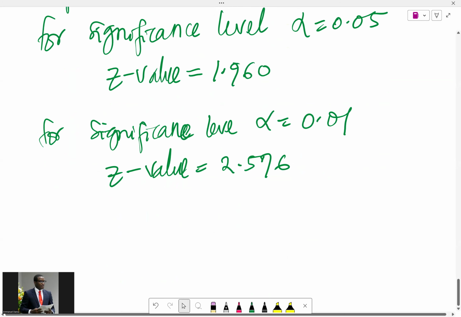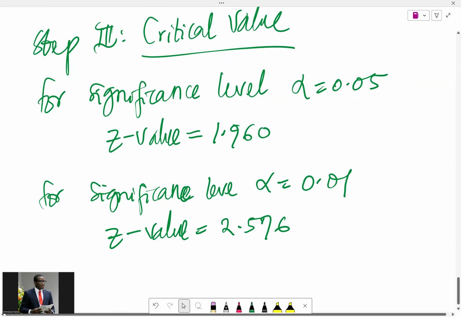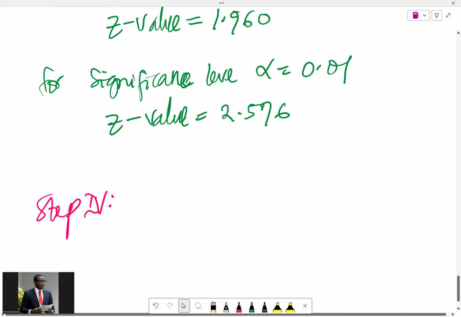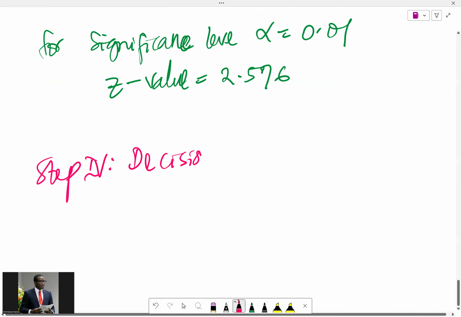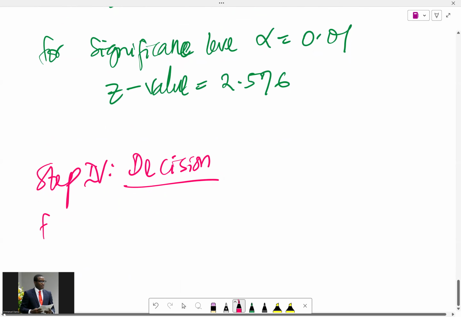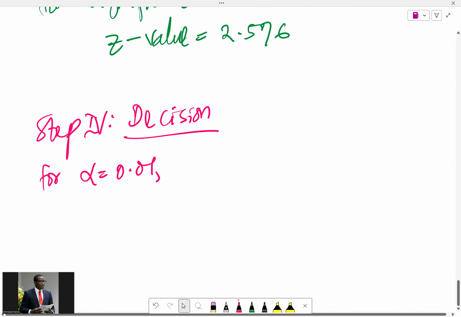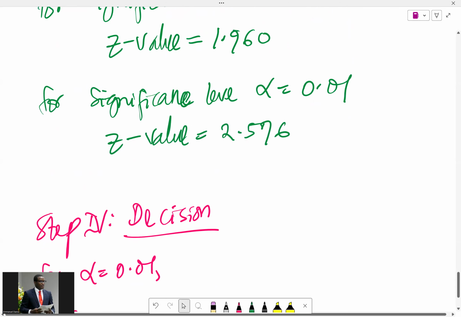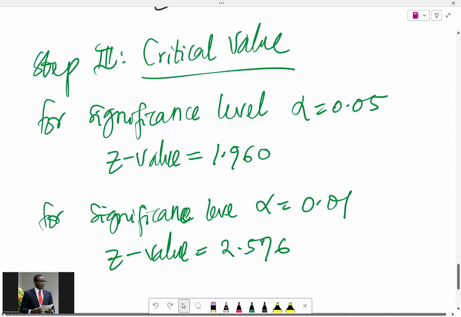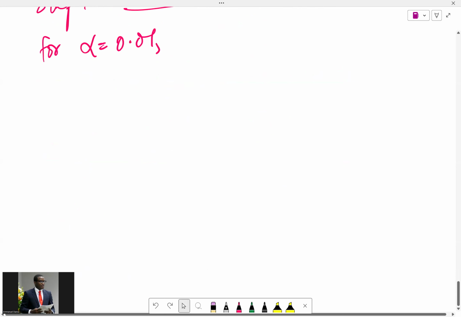Let's go ahead to the next step where we make our decisions. Step four is decision. What do we decide based on these things we have seen already? Let's lay it bare. For alpha equals 0.05, the Z test statistic is 2.26.